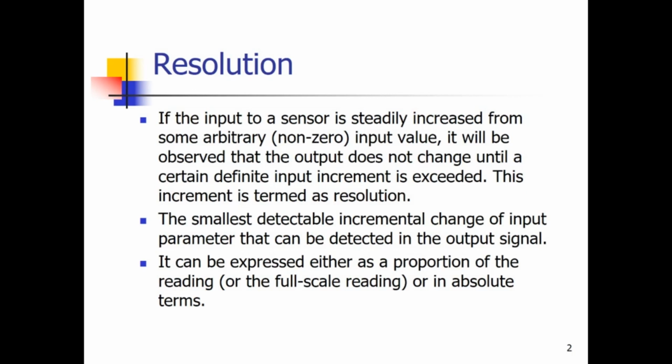So, this increment is called the resolution. So, we are applying the input steadily, and when a change in the output is observed, the amount of input which is generating the change in the output is called the resolution of the system.